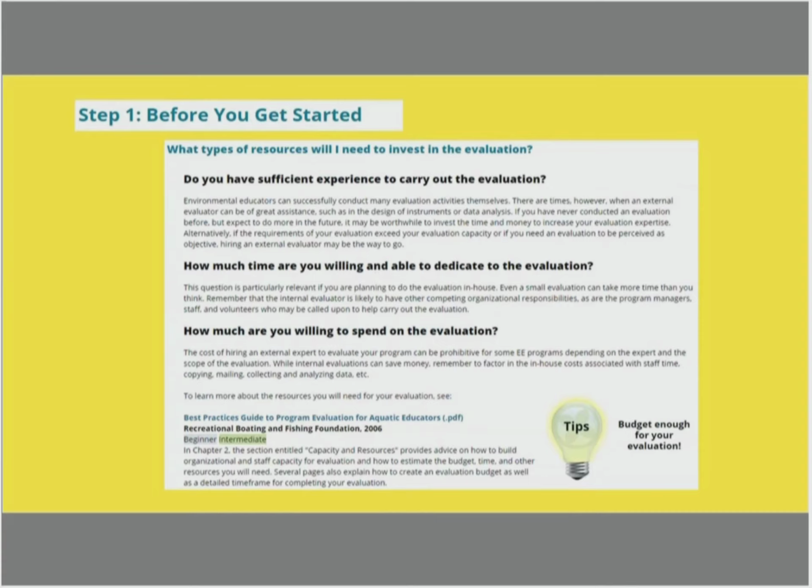Or are you really willing to dedicate the time it takes? Conducting quality evaluations takes time. Do you have the financial resources to spend on an evaluation? So this particular step is very useful to go through because it helps you think about all the things that you should have in place to ultimately ensure that you'll have a successful evaluation.